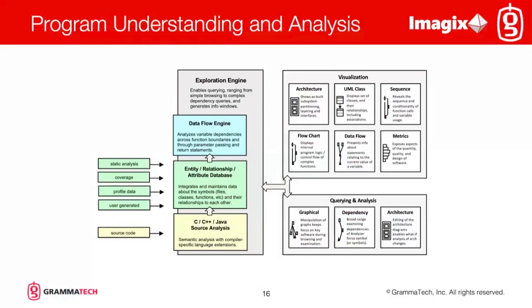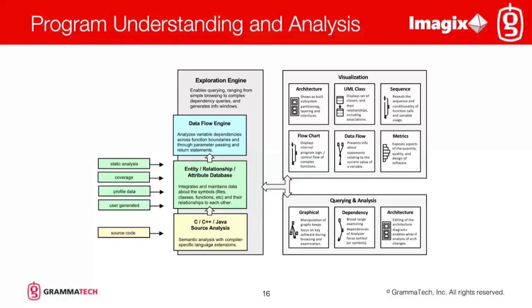And there, I'd just like to point out that precision in analyzing that source code is critical. The C and C++ languages, there are standards, but then each compiler has its own extensions, and they treat similar things differently, different keywords, etc. And it's very important that the reverse engineering tool understands your source code the same way that your compiler does.